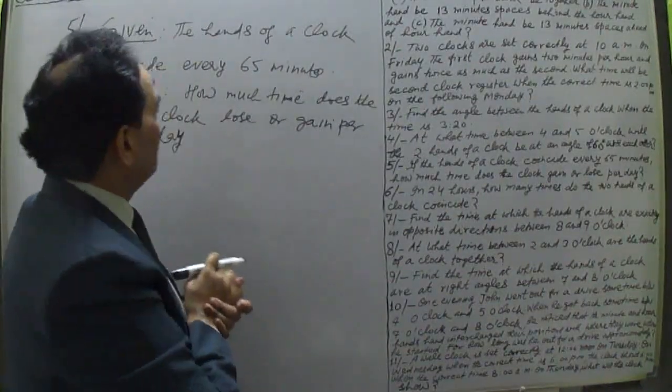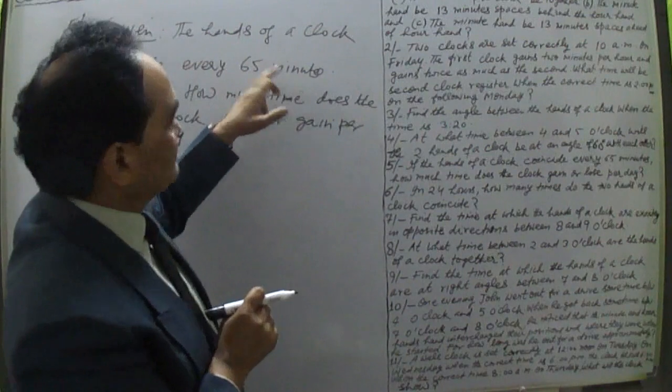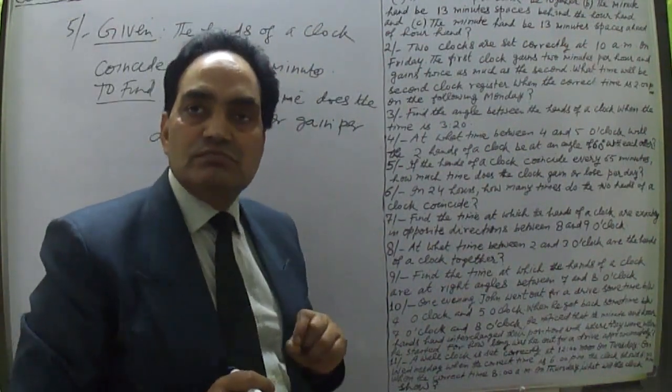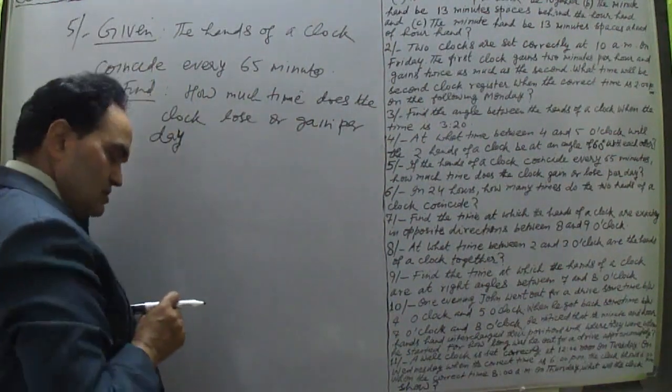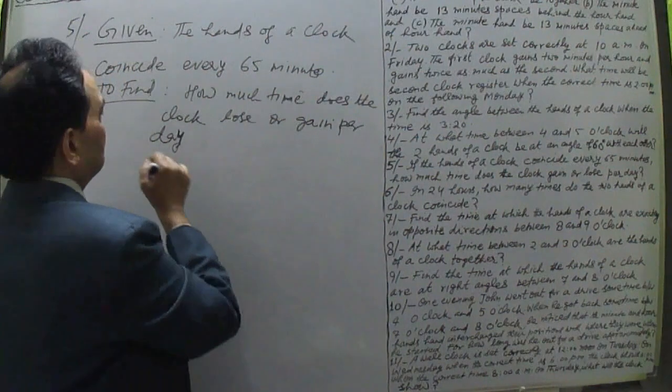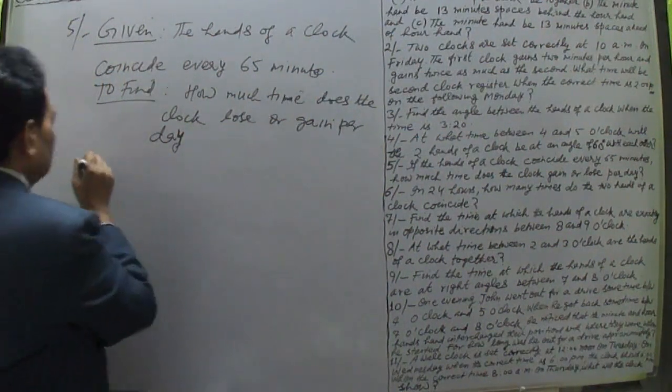Now we know that in 65 minutes time, how much time? 12 upon 11, that will give us 1 and 1 upon 11, that means 65 and 5 upon 11. So we know the solution.